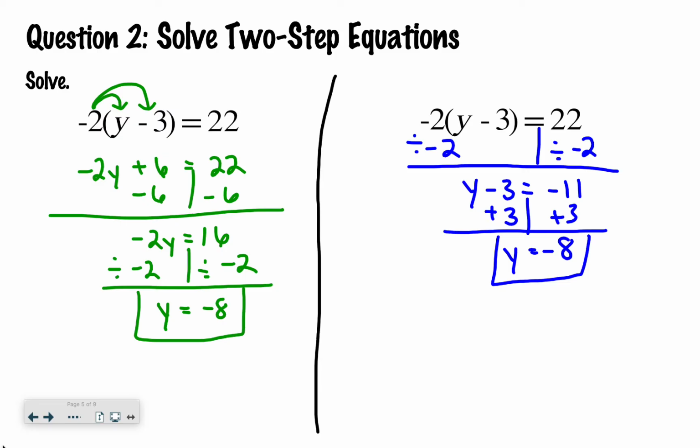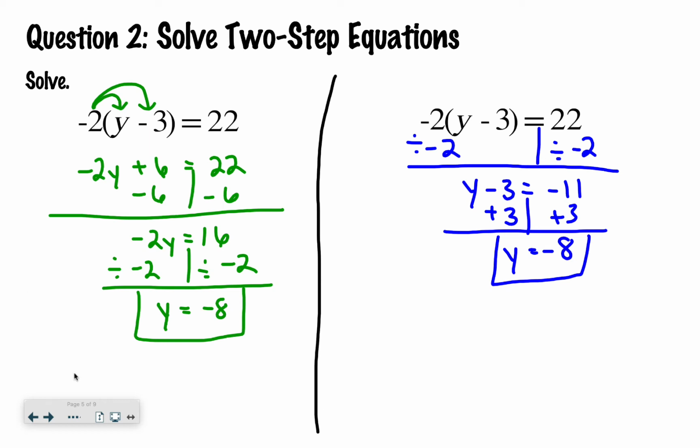Okay, hopefully you ended up at y equals negative 8. You can see on the left in the green, I solved the first way I showed you, by distributing and then solving. And in the blue on the right, I showed you the shortcut where I divide rather than distribute. You can see I ended up at negative 8 both ways.